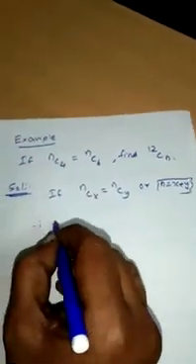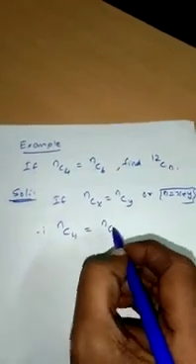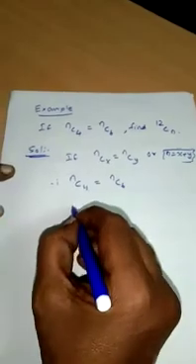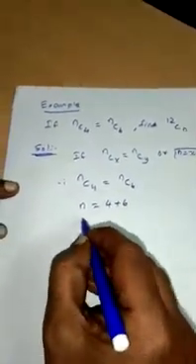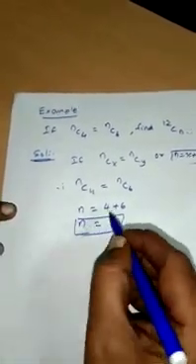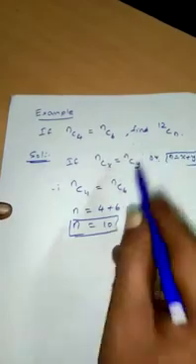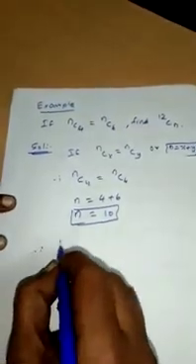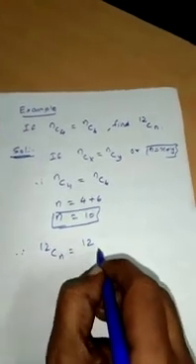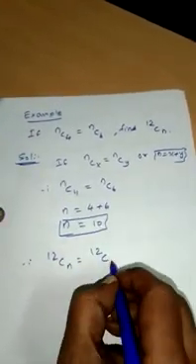Therefore, nC4 is equal to nC6 means 4 is not equal to 6. Then n is equal to 4 plus 6. n is equal to 10. Then we are going to find 12Cn is equal to 12C10.